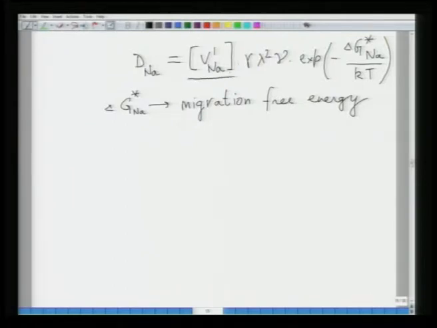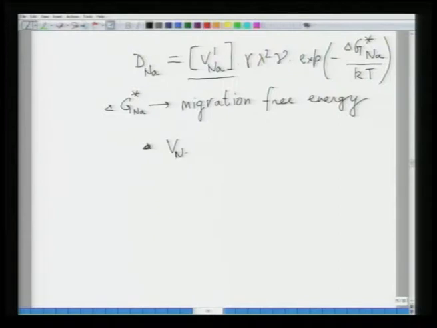So, now what happens at lower temperatures, if CdCl2 is present in ppm quantities? You know from the defect reaction that for each cadmium ion you have one sodium vacancy. So, the number of sodium vacancies in sodium chloride is going to be equal to the number of cadmium ions, or the cadmium chloride concentration.